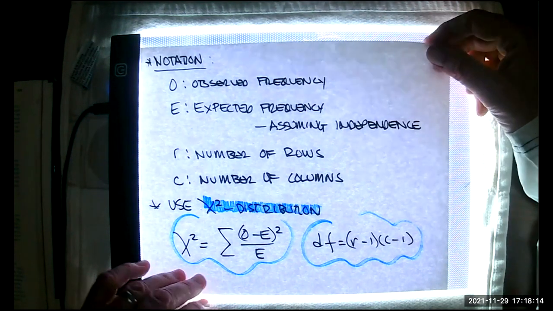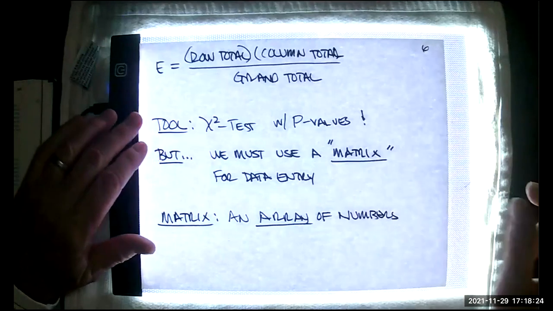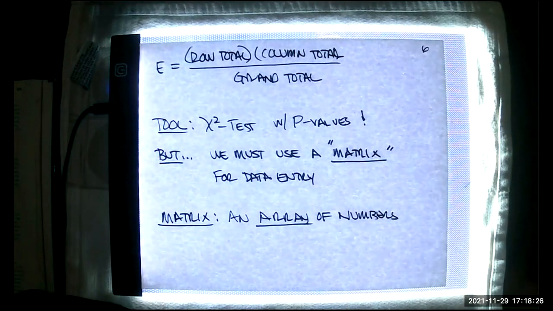Now, let me talk a little bit about the expected frequencies. That enables me to get into the real meat of this particular topic, what we need to do our calculations. The expected frequency for each of the categories or cells, if you will, is row total times column total divided by grand total.